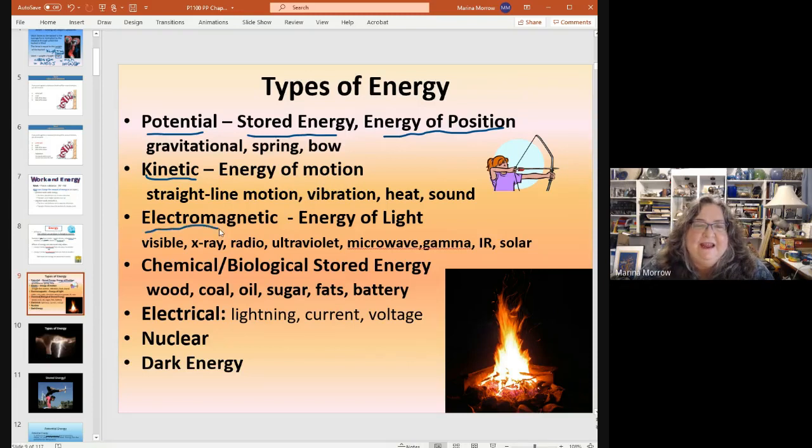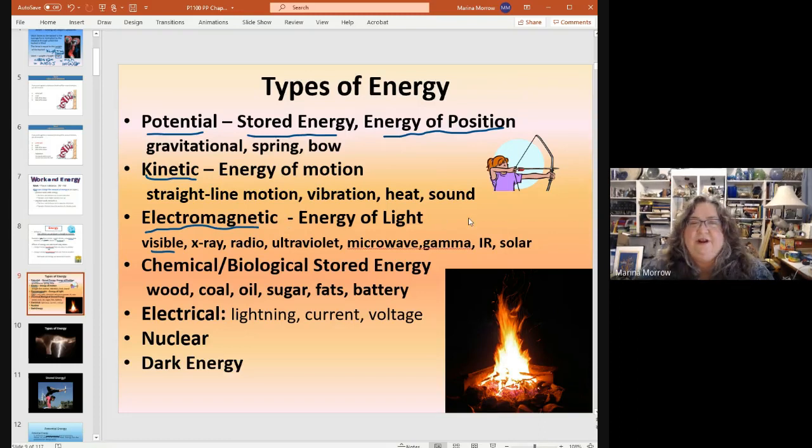Electromagnetic energy is the energy that comes in light or electromagnetic waves. There's visible light, but there's also X-rays, radio waves, ultraviolet rays, microwaves, gamma waves, infrared waves, and just plain solar radiation is a combination of the types of rays that come from the sun, mostly visible. So you've got many different types of electromagnetic waves.